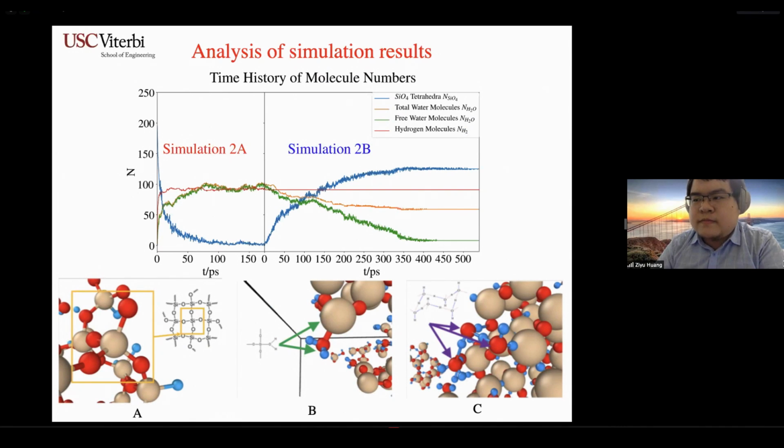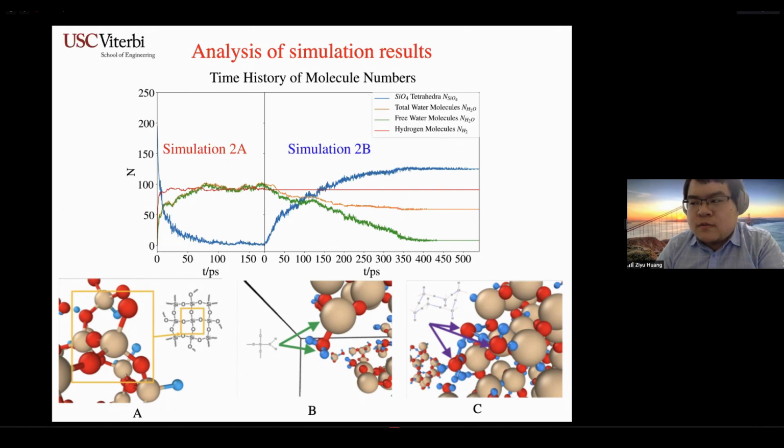Now let's take a look at the time history of molecular numbers. Simulation 2A was actually shown before. After we shut down the electric field, the silica tetrahedra number grows, which means the regular structure was reformed as it used to be, and the total water molecule number decreases a little bit, basically due to trapping inside the silica structure.